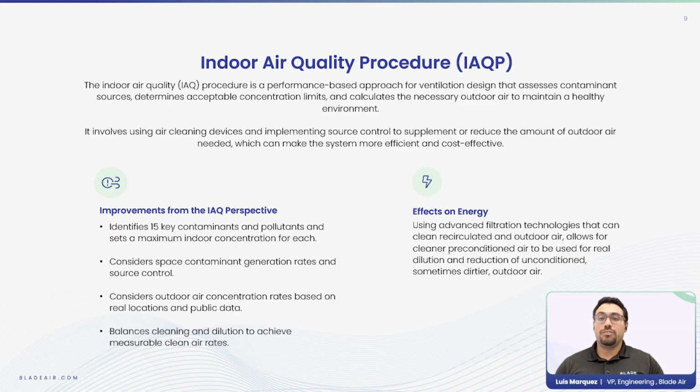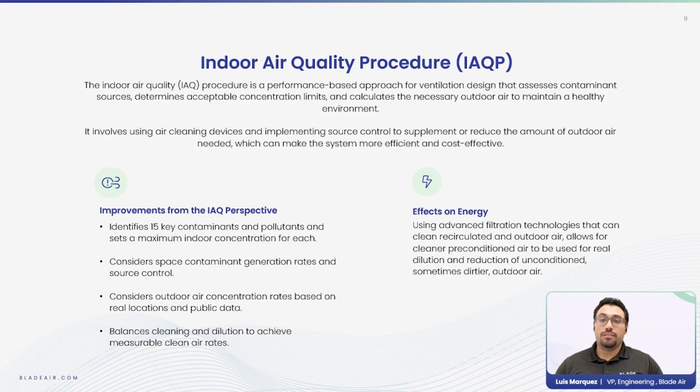Instead of assuming outdoor air dilution as a primary strategy, IAQP focuses on maintaining specific pollutant concentrations below established limits through optimized source control and air cleaning. The methodology considers specific contaminants, including particulate matter, specifically PM 2.5, and common VOCs, and establishes concentration targets that are good for health and comfort.